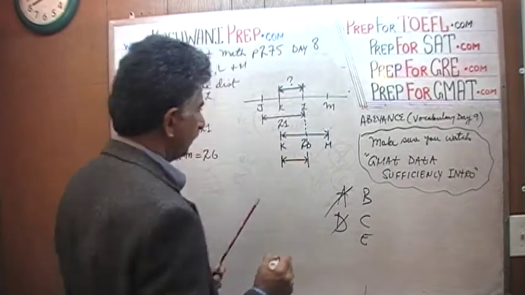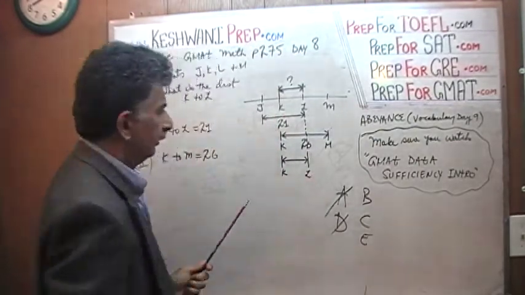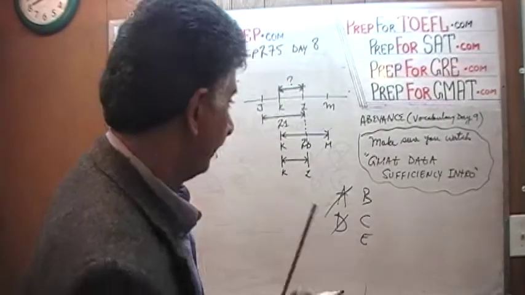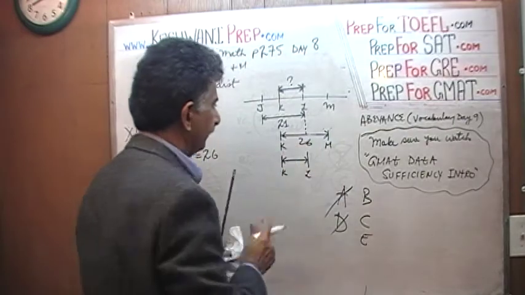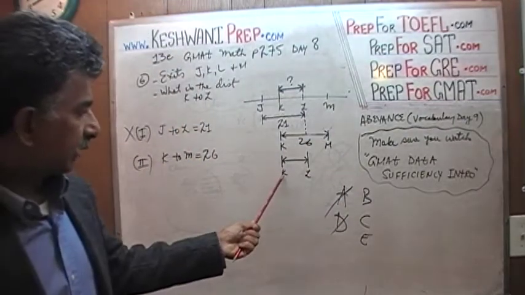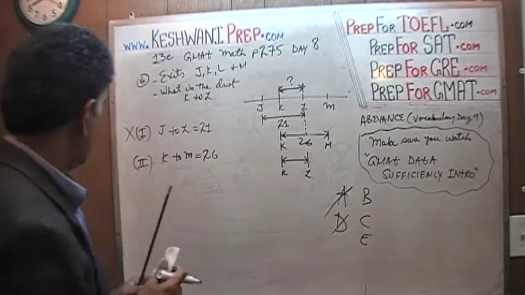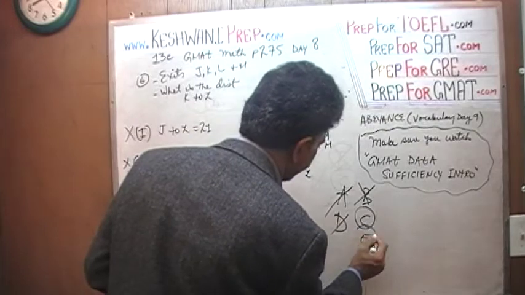Our original question was, how much is K to L? Knowing that K to M is 26 does not help us with our objective, which is to figure out the distance from K to L. That statement by itself is also not enough, which means the answer cannot be B. It's got to be either C or E.